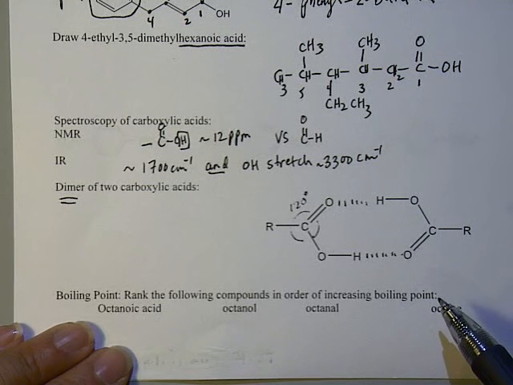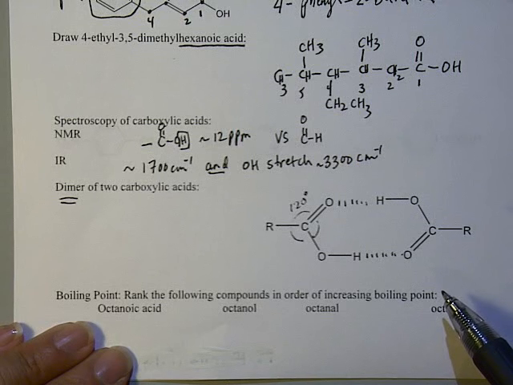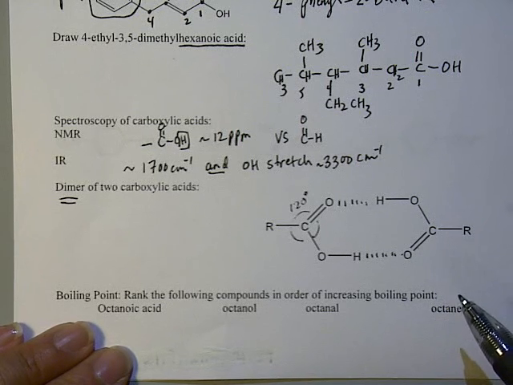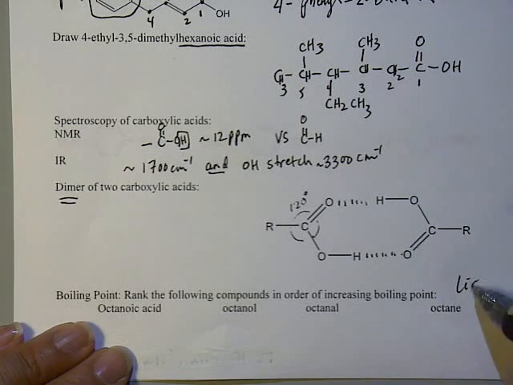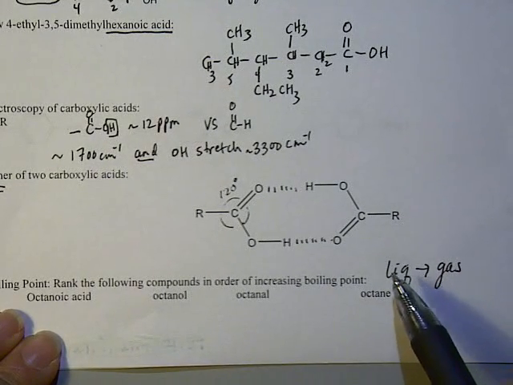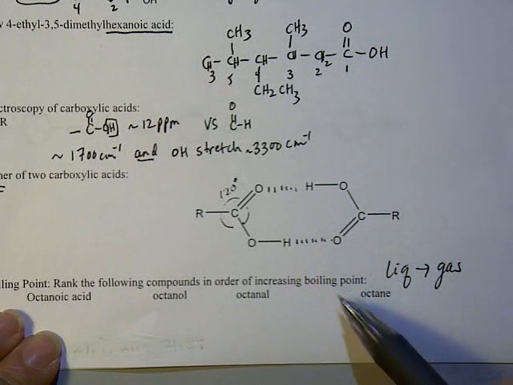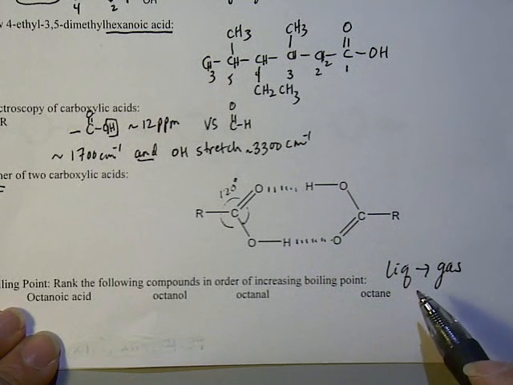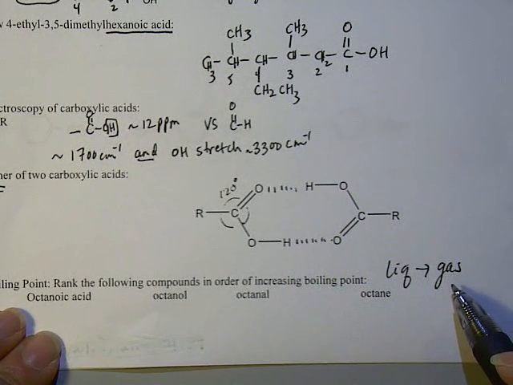So when you have a very, very strong hydrogen bonding interaction, the boiling point will be high, because in order for the compound to boil, it means that you're going from liquid to gas. In liquid, the molecules are tightly interacting with each other, and in gas they're not.